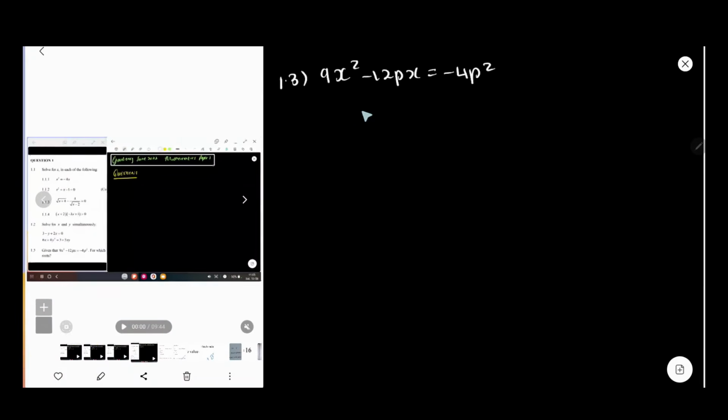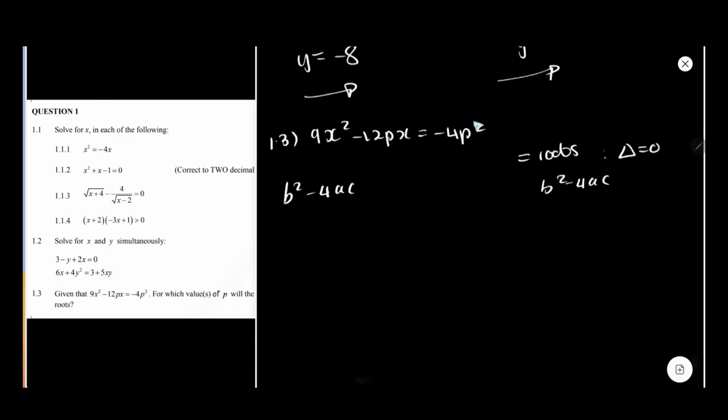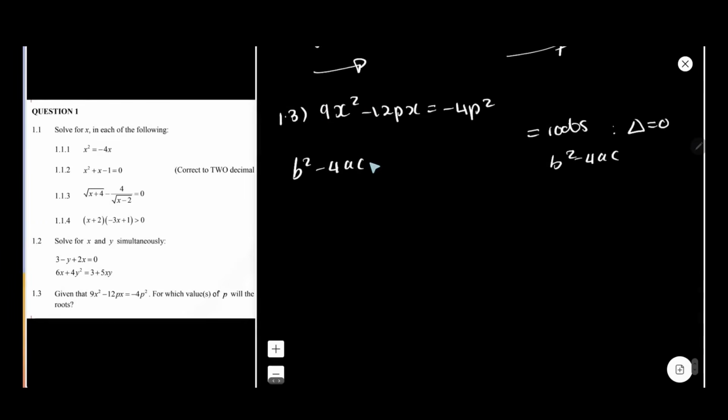For you to have equal roots, delta needs to be equal to 0. Remember that delta is b squared minus 4ac, so b squared minus 4ac just needs to be equal to 0.